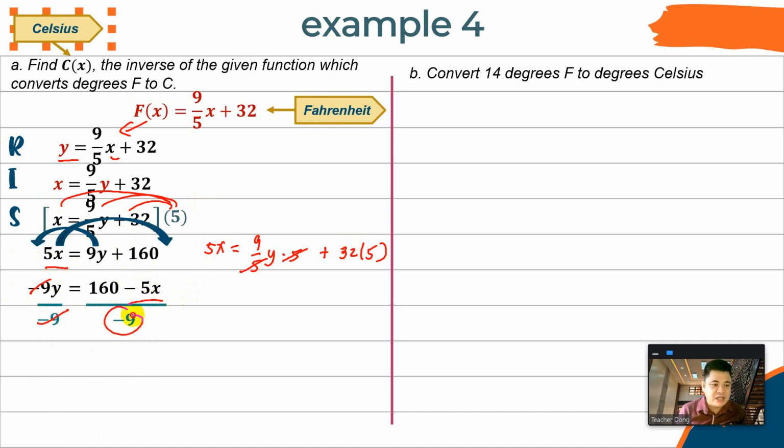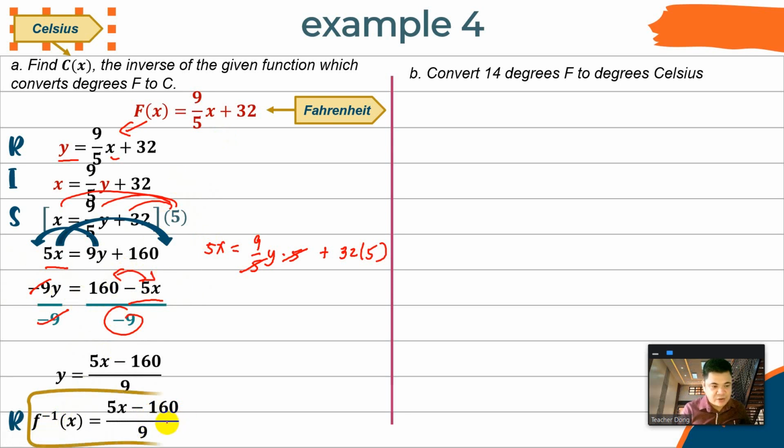As you can see, the denominator is negative, so change the signs of the numerators. You will have now 5x minus 160. We just interchange the place of negative 5x and 160. Then, rewrite: inverse of f of x equals 5x minus 160 over 9. This is now the formula for Celsius.